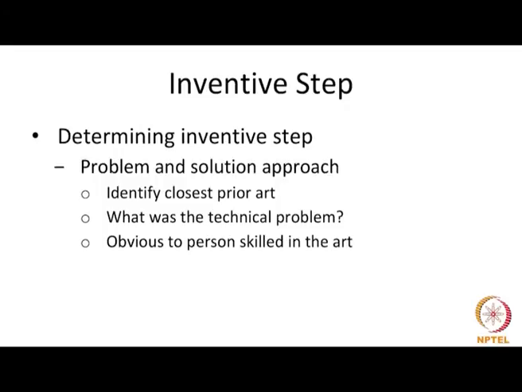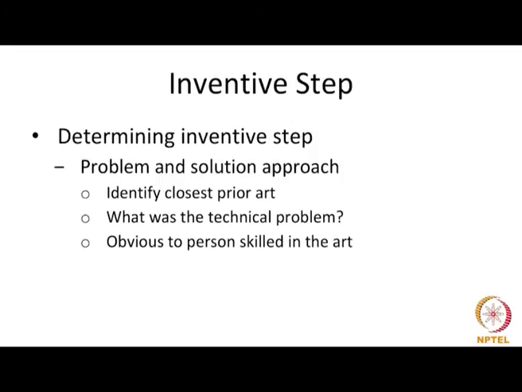The objective technical problem to be solved is grouping paper together without damaging them. If you stick the paper together, when you remove them apart, it damages them. If you stitch them together, it damages them. If you put a hole and tie it up with a string or with a thread, it again damages them.